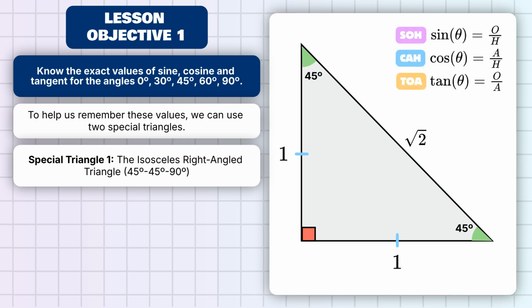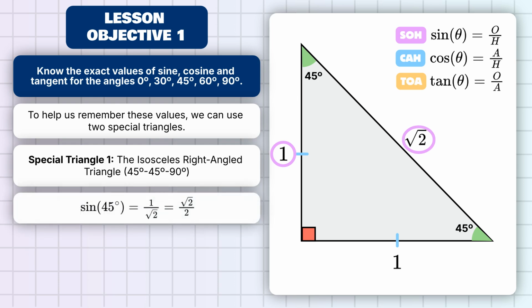We can work this out through Pythagoras' theorem. Let's remind ourselves of our trigonometric ratios. We know that sine equals opposite over hypotenuse, so we find that sine of 45 equals 1 over root 2, which we can simplify to root 2 over 2 by multiplying the top and bottom of this fraction by root 2. This is known as rationalizing the denominator, and if you're unsure about this, take a look at the numbers module in this course.